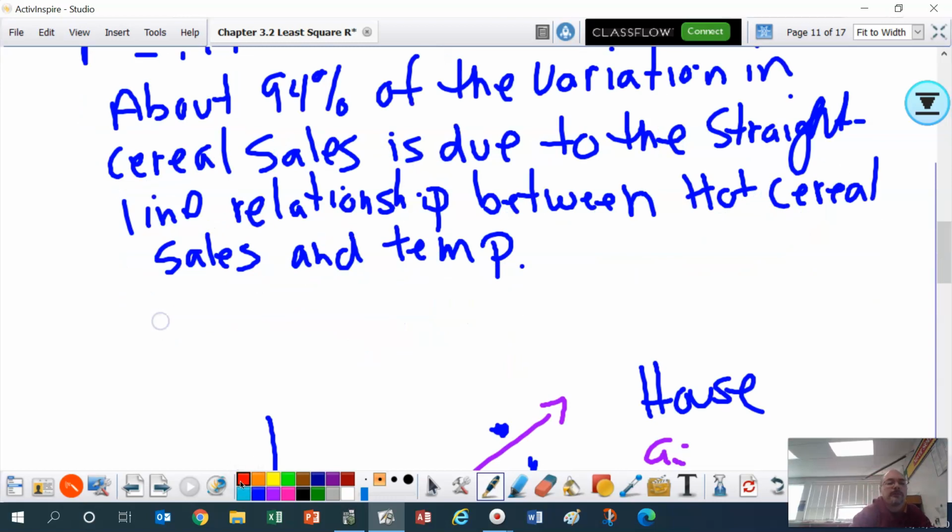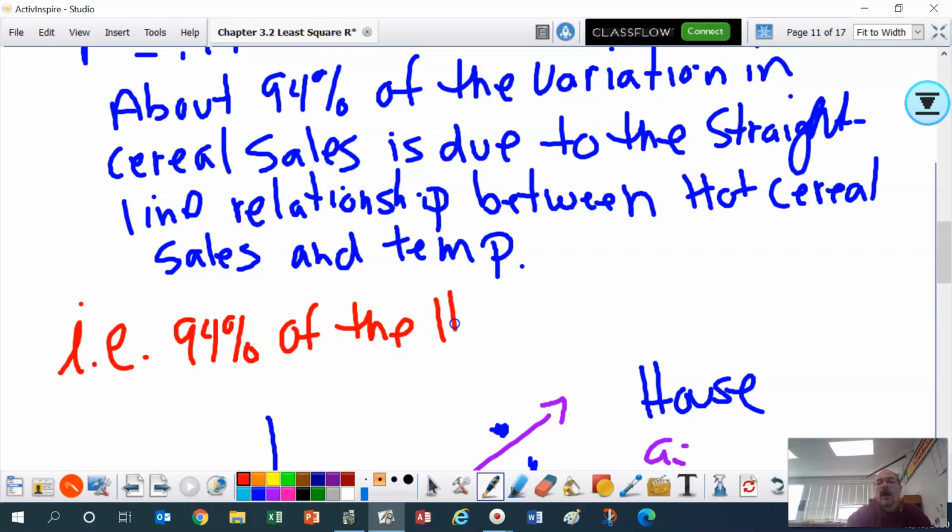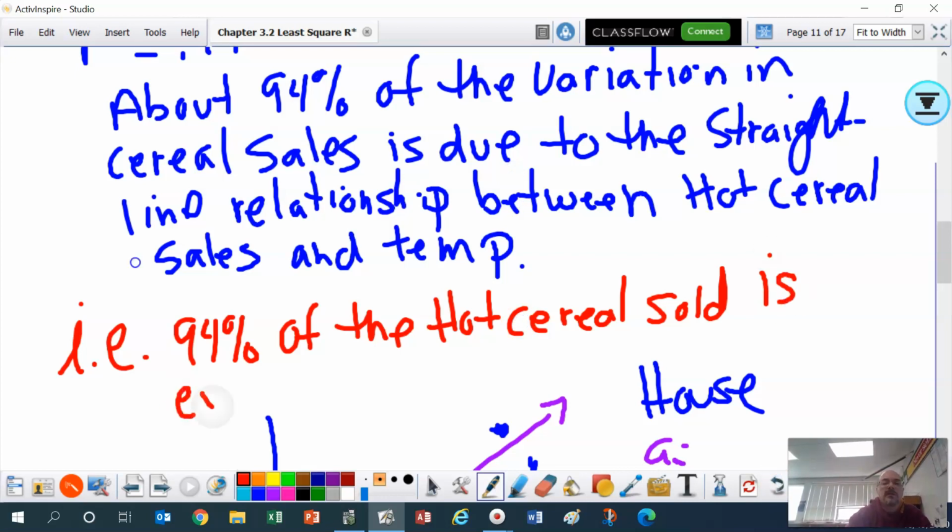In other words, okay, again, this is not AP appropriate. In other words, 94% of the hot cereal sold is, whoops, that's not the word, is explained by temperature.